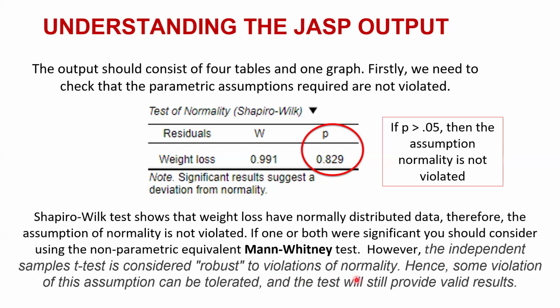Hence, some violation of this assumption can be tolerated, and the test will still provide valid results, especially if you have met the minimum sample size required. So you may opt to use the independent samples t-test as it is robust to certain violations of normality, provided that you have met the minimum sample size required.